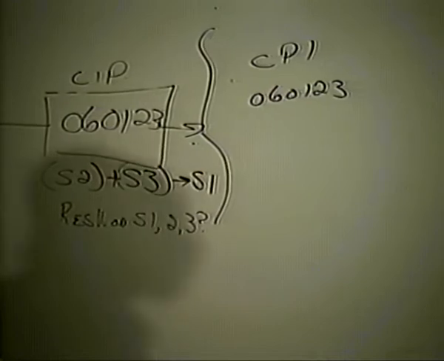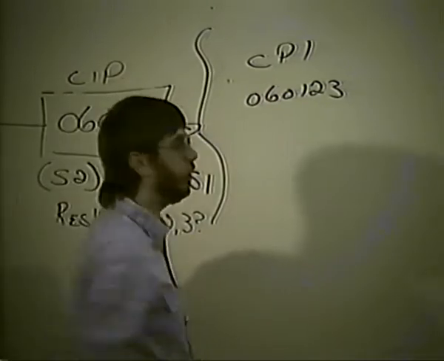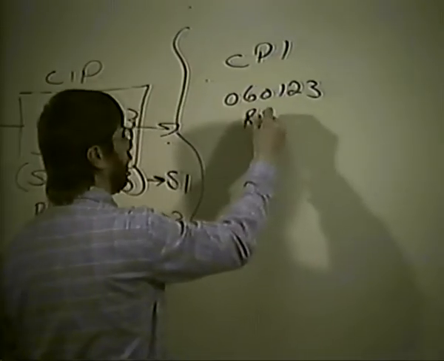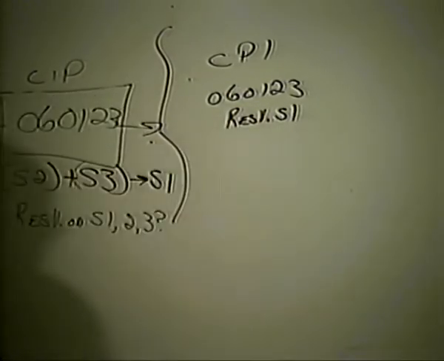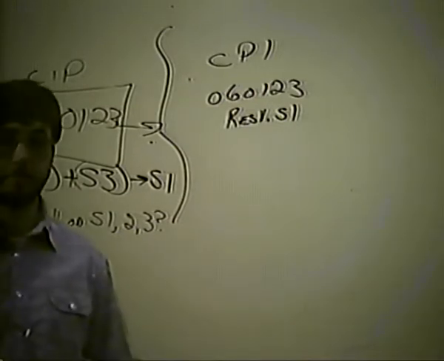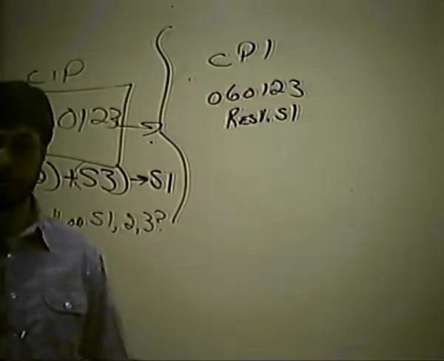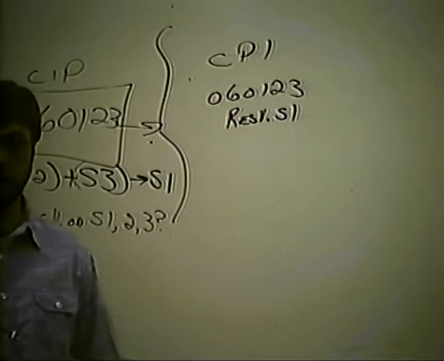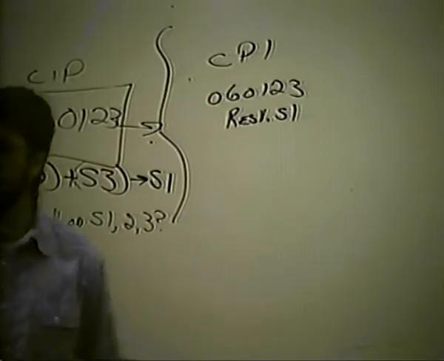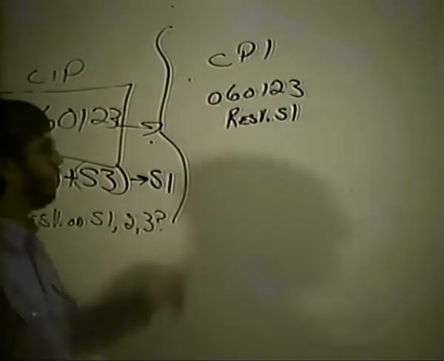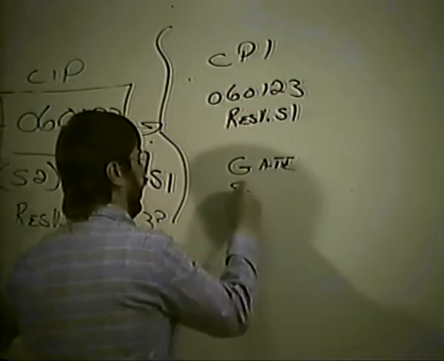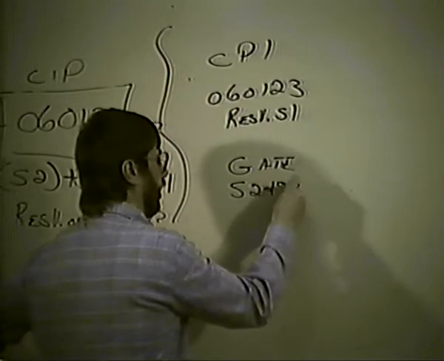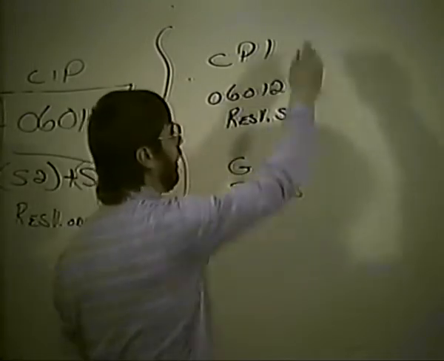When it hits clock period 1, the first thing we're going to do is reserve S1. Do we have to reserve S2 and S3? Why not? That's right. Exactly. At the same time that we reserved S1, we're going to gate S2 and S3 off to a readout register.